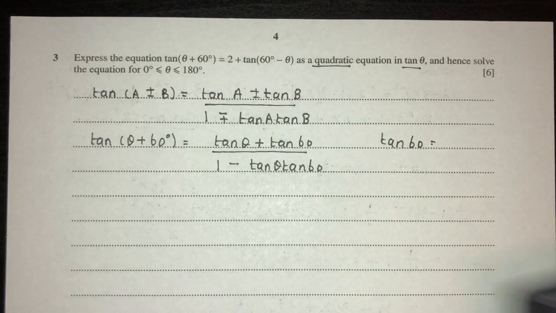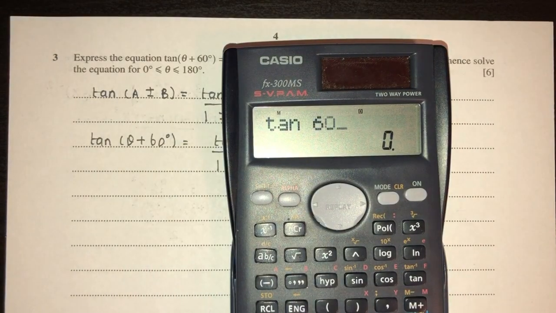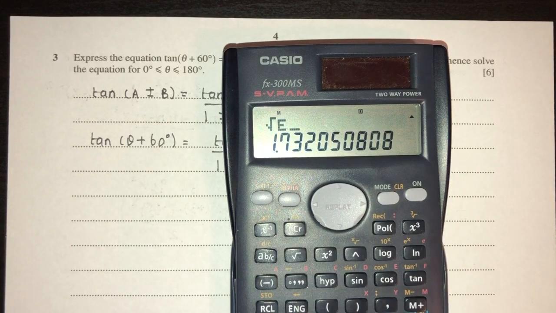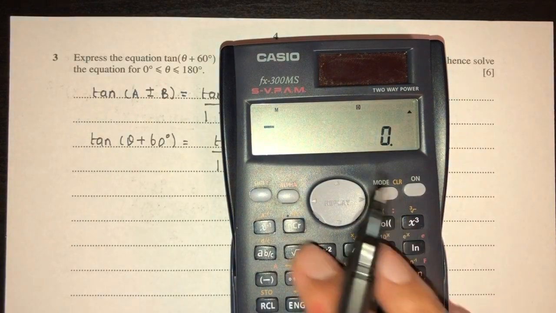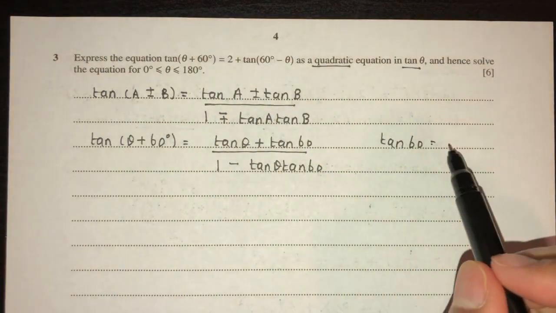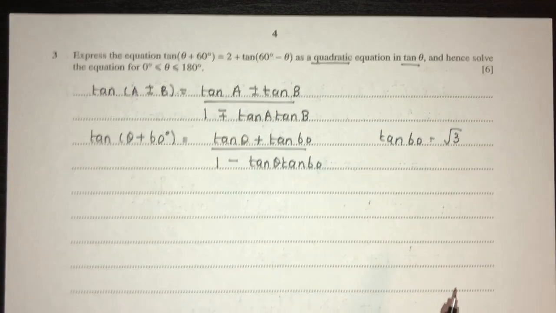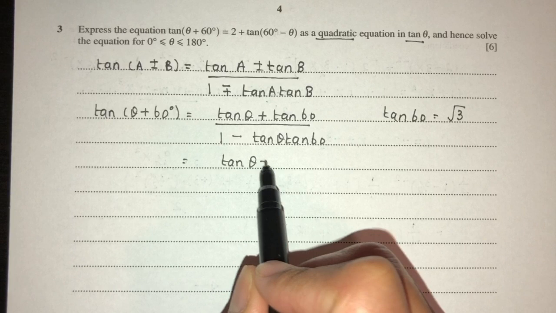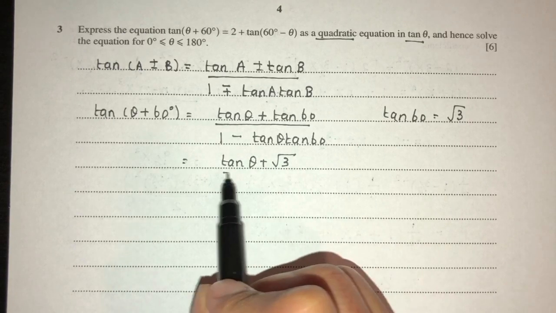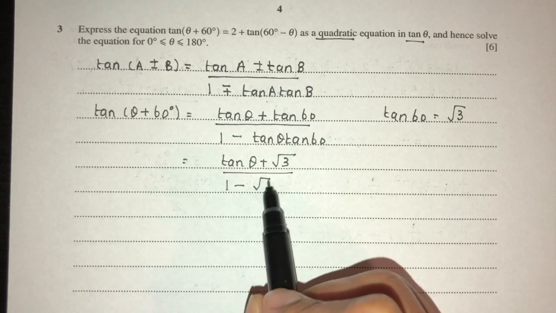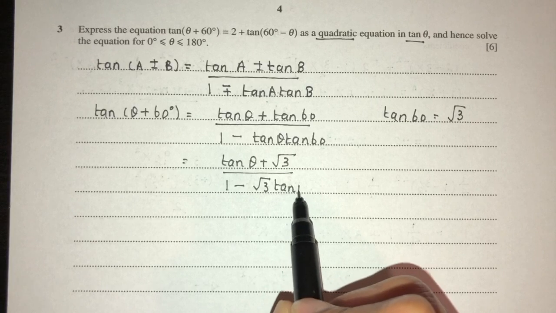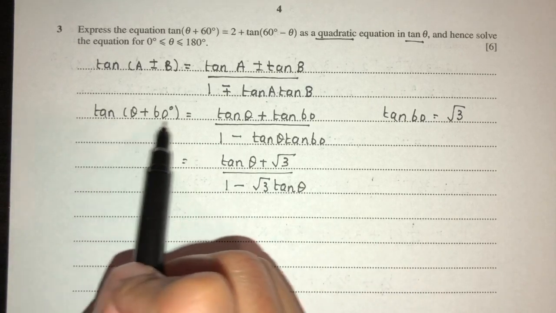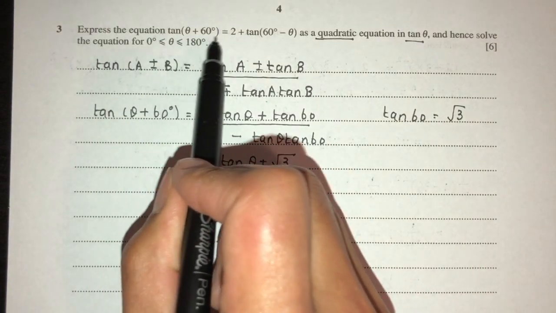We can verify. So tan of 60 is the same as root 3. Let's replace. You will have tan of theta plus root 3 over 1 minus root 3 tan of theta. That is the first part of the equation.